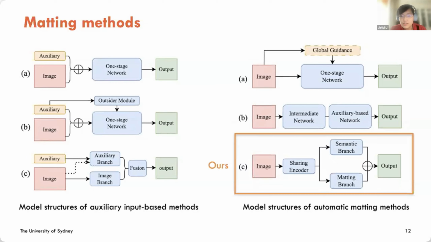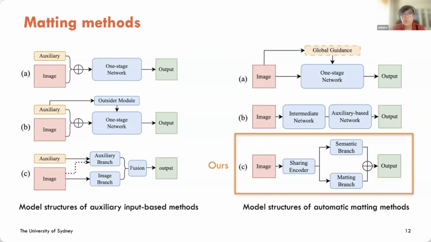Then they use the auxiliary information and also the image to pass through the auxiliary-based network to generate the output. The problem for this kind of method is that once they are using two separate stages, the error will be passed from the first stage to the second stage, and it cannot be corrected in this kind of flow.